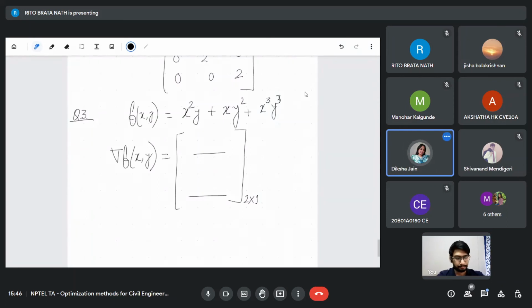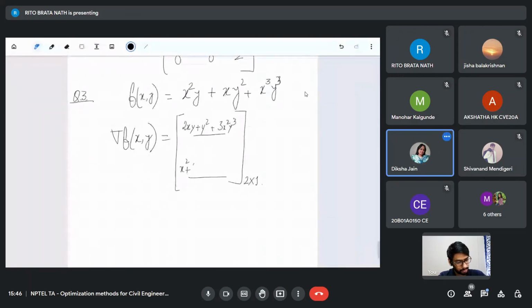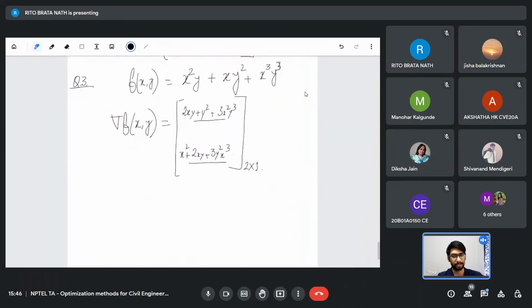Yeah, this will be y square plus 3x square y cube. So this is good. The next one, yes. So I think then you are able to handle this kind of problems as well.